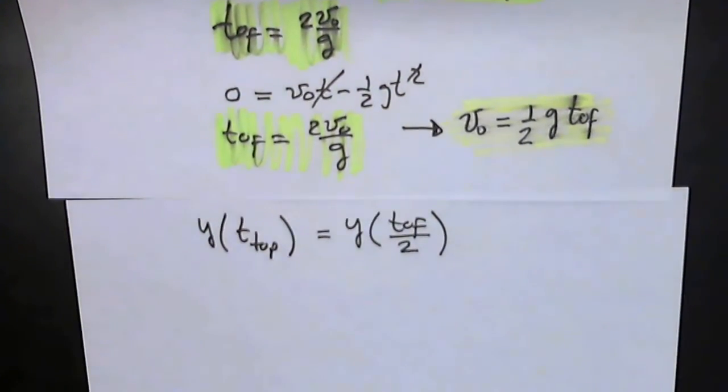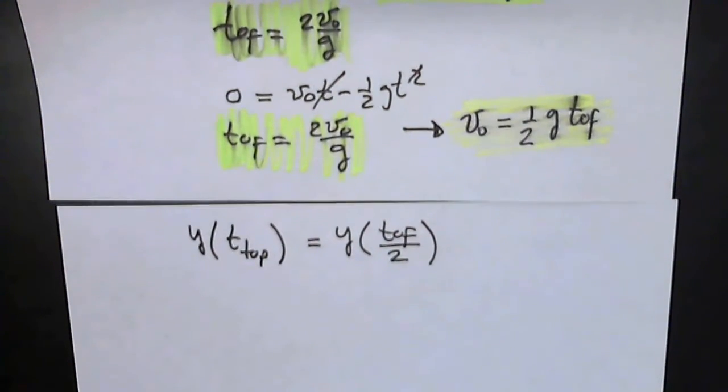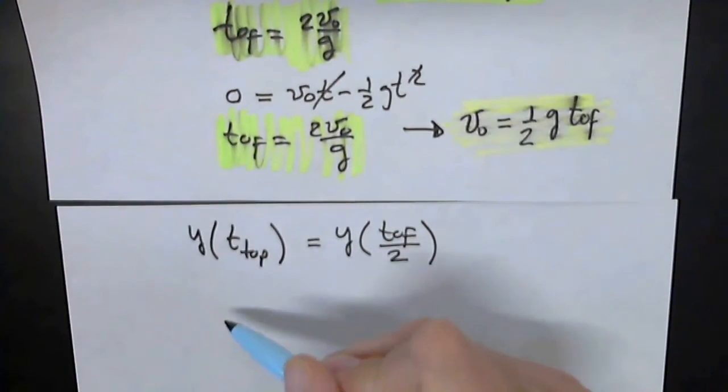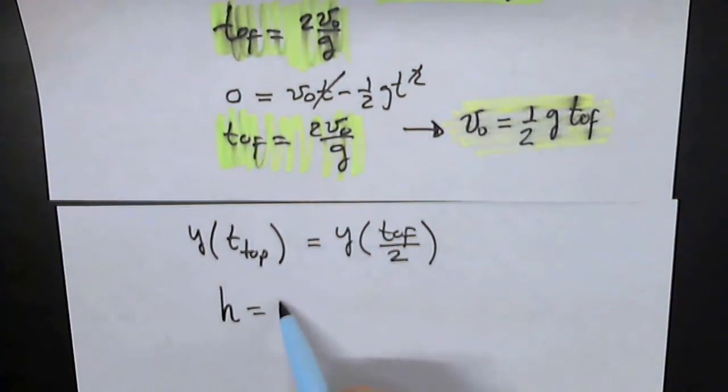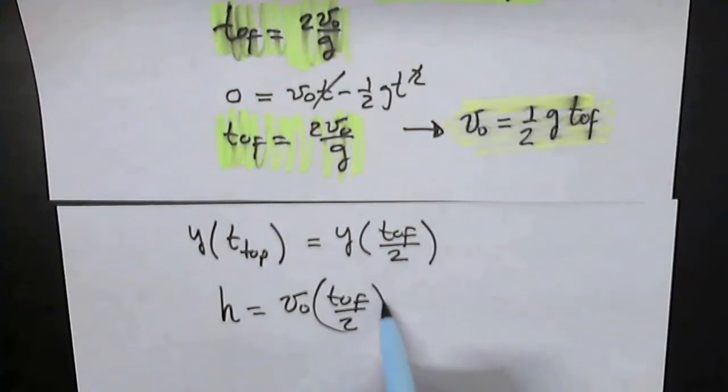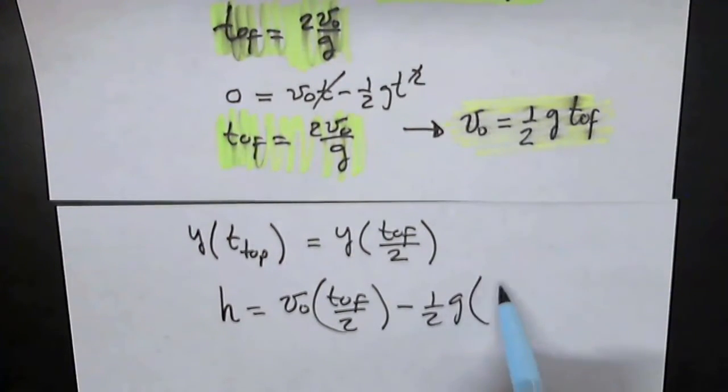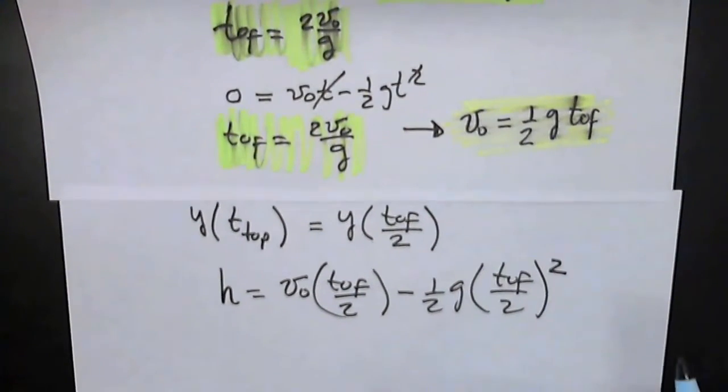I'm using the second one because that is what you measure. So h is v naught times the time of flight divided by 2 minus 1/2 g times the time of flight divided by 2 squared.